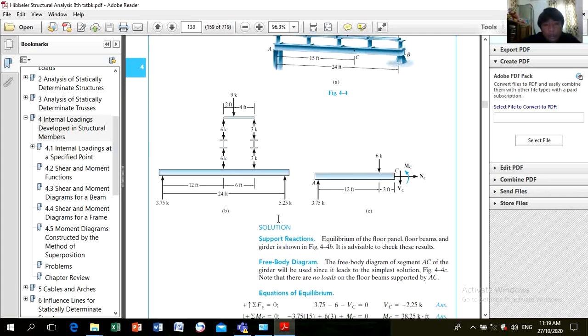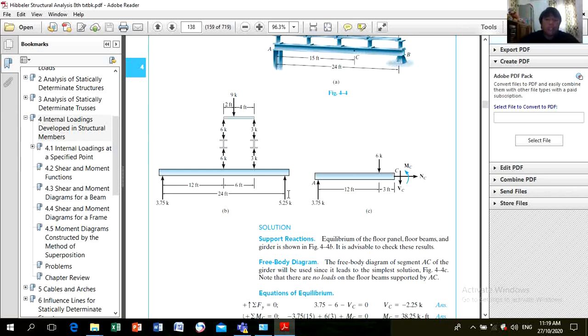To determine the reactions, you can simply take the summation of moments at point B. So 3 times 6 plus 6 times 18 divided by 24 is 3.75 kips. Here, 6 times 12 plus 3 times 18 divided by 24 is 5.25.